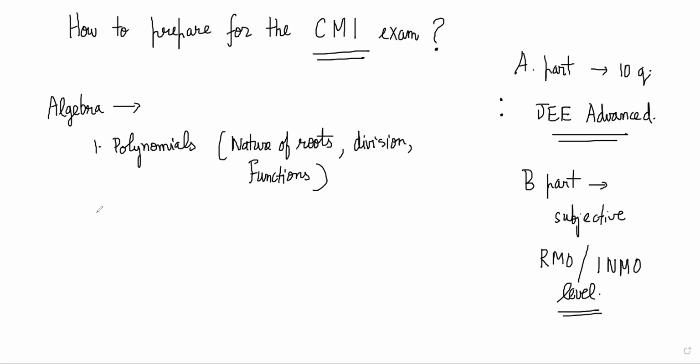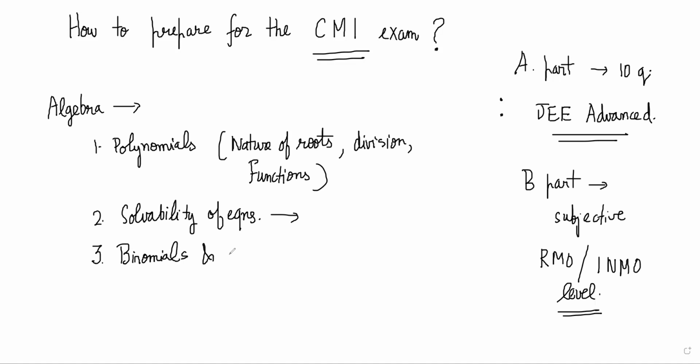Then you have solvability of equations. So you have things like Vieta's theorem and properties of quadratic equations or polynomial equations, number of roots, properties of roots, and so on. And finally, you have binomial theorem and inequalities, binomials and inequalities.